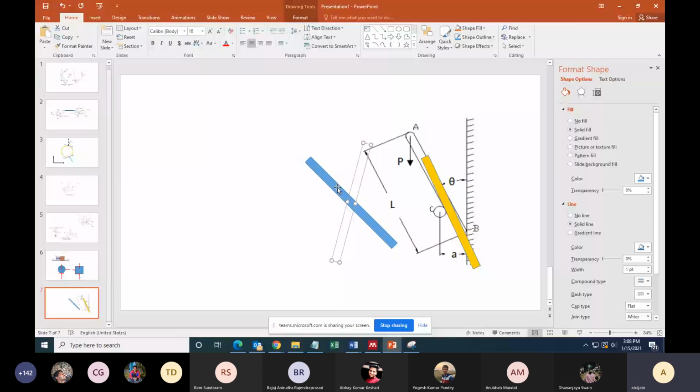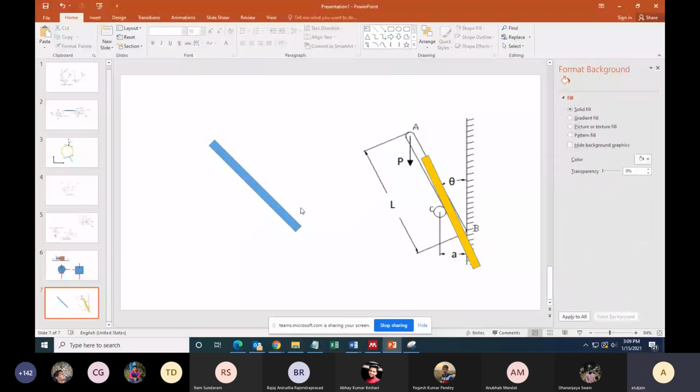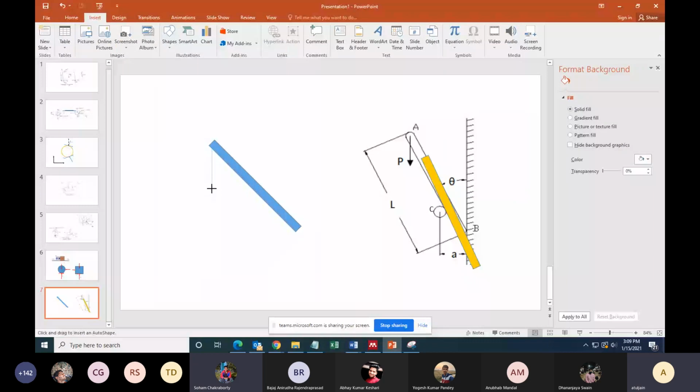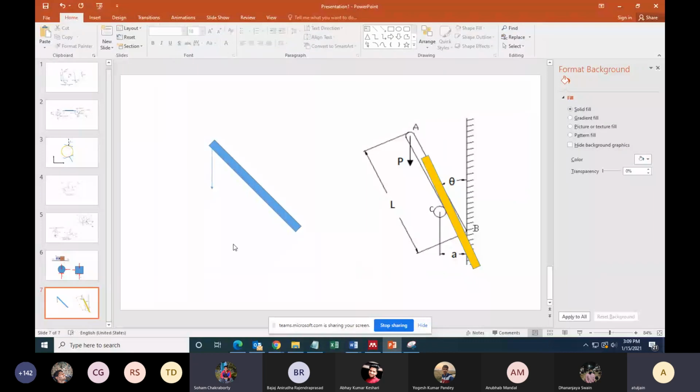So in case one, what is going to happen? Let us draw the free body diagram. Sir, in case one, we have considered B is going up. There is P. What else? Tell me. Sir, friction at B will be downward.